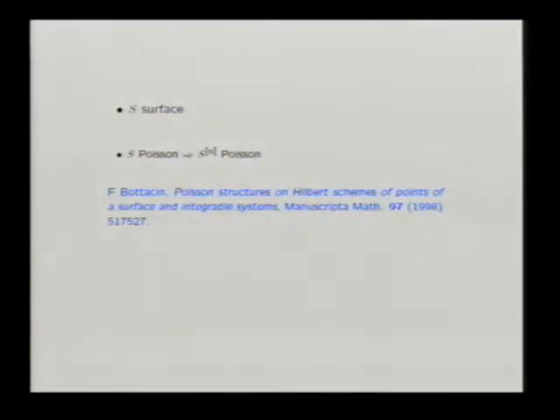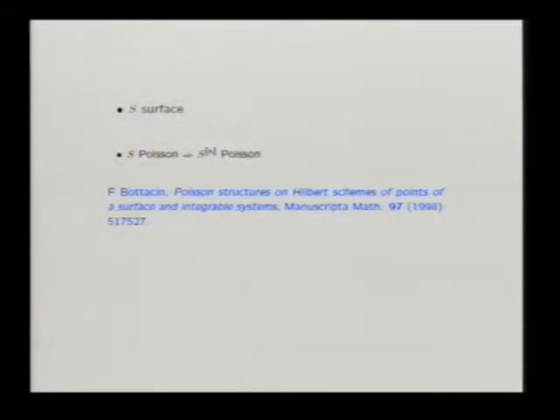And in fact, they're useful because of a result of Bottacin, who says that if you start with a Poisson surface, an algebraic surface with an anti-canonical section, then in fact it induces one naturally on the Hilbert scheme.